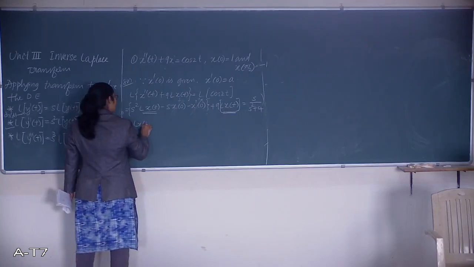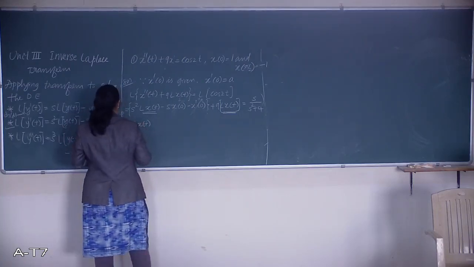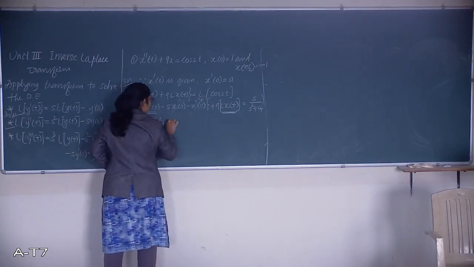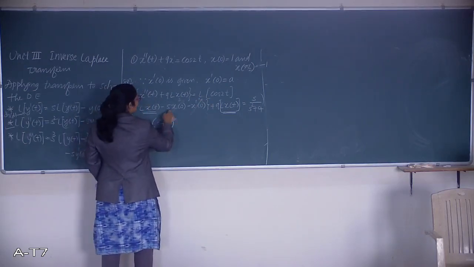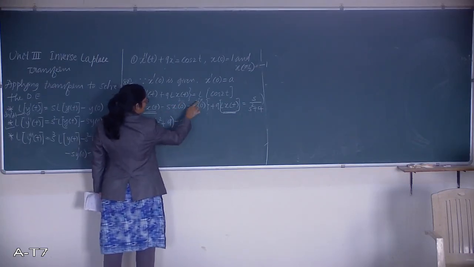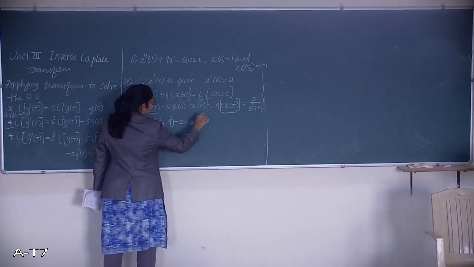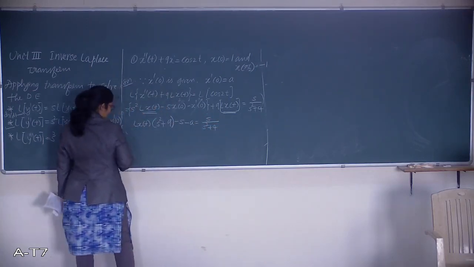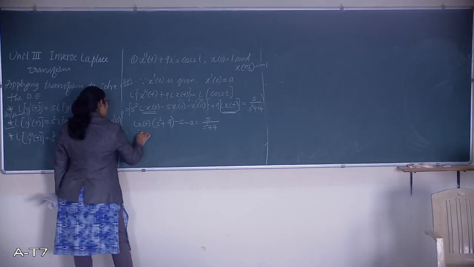So L of x of t, when I take common, s square, and then since this is 1, this will be minus s. Since this is a, minus a, RHS s square plus 4, or s square plus 9.